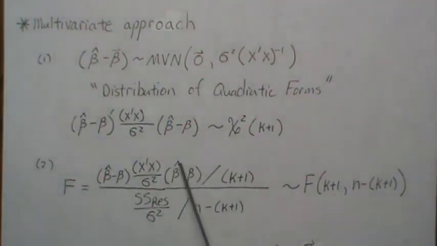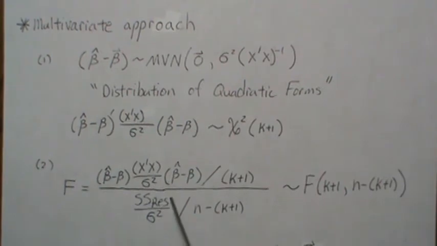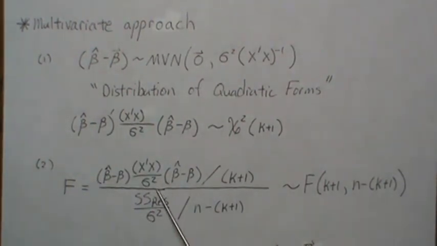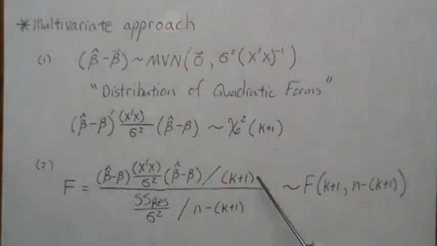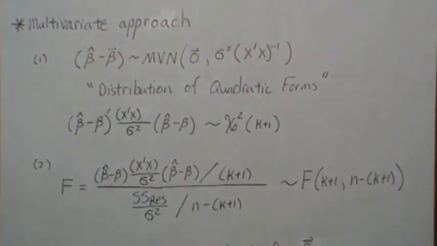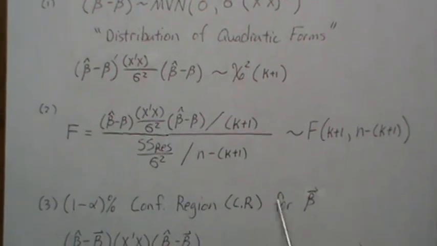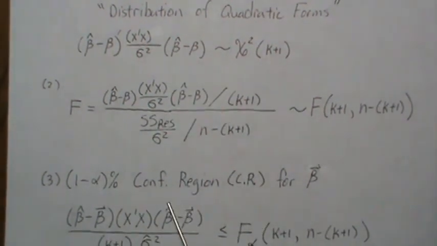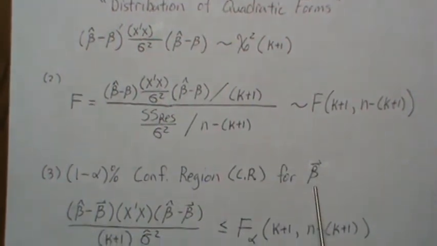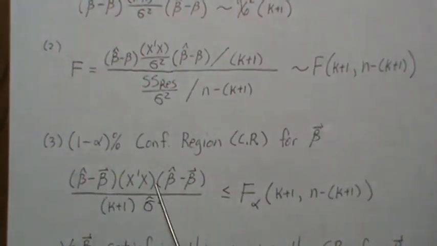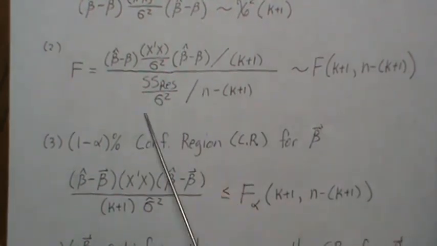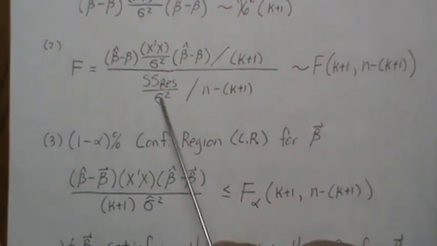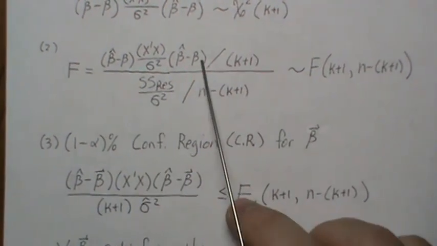Now the random components, beta hat and sum of squares of residual, are independent, and we've proved that lots and lots of times on previous videos. So those two are independent. Well, now to create a 1 minus alpha percent confidence region for the beta parameter is this. We create this right here. If we let this interval, which is actually this right here, beta, X transpose X, this comes out.